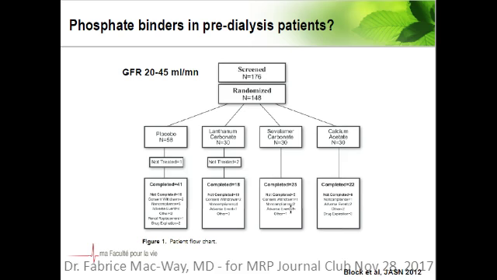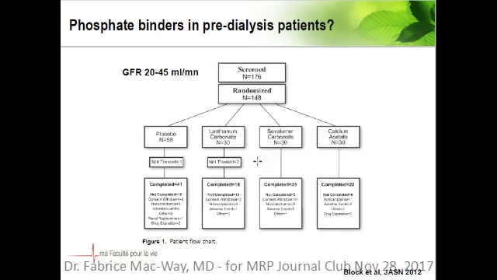This study was done by Jeffrey Block a few years ago, and the rationale was that if we treat with phosphate binders before the elevation of phosphate level, we could prevent the elevation of PTH level and FGF. So he did a randomized controlled trial with placebo.